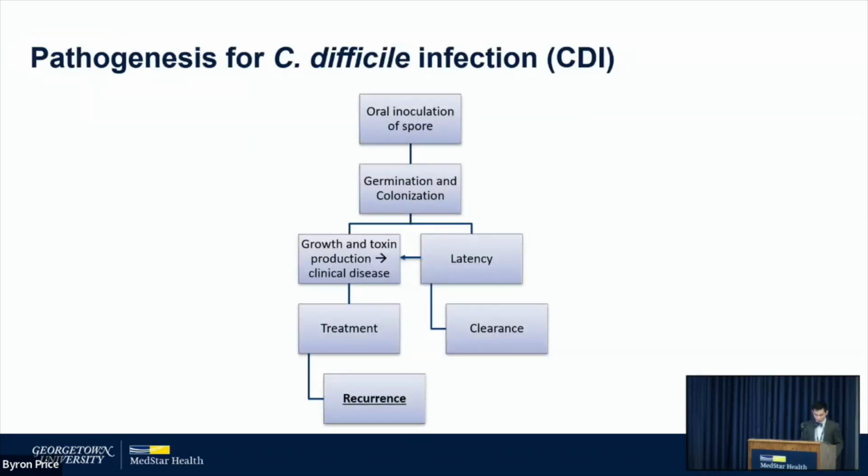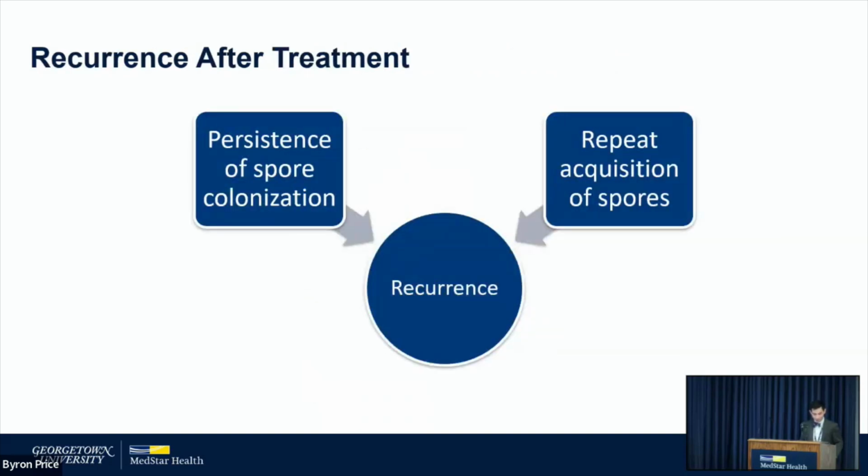Again, we're skipping treatment, but I do want to talk about the high recurrence rates of C. diff. And that's due to really two key features, right? Persistence of spore colonization. So all the treatments that we have against C. diff are really only active in its unsporulated forms.